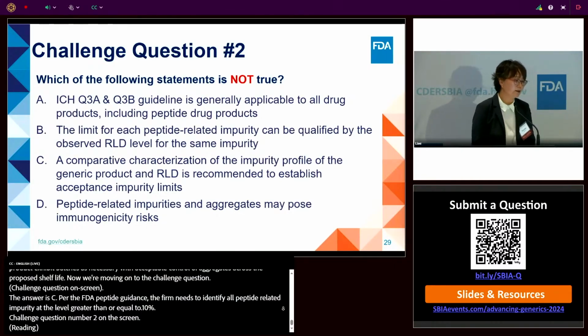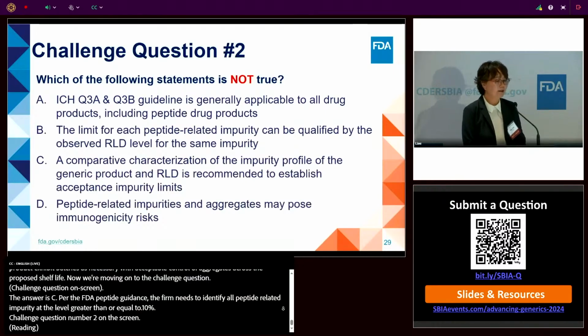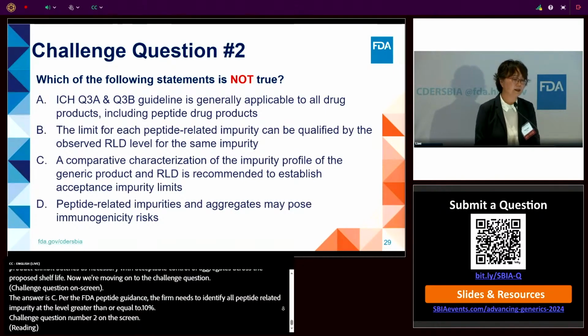C, a comparative characterization of the impurity profile of the generic product and RLD is recommended to establish acceptable impurity limits. D, peptide-related impurities and aggregates may pose immunogenicity risks.